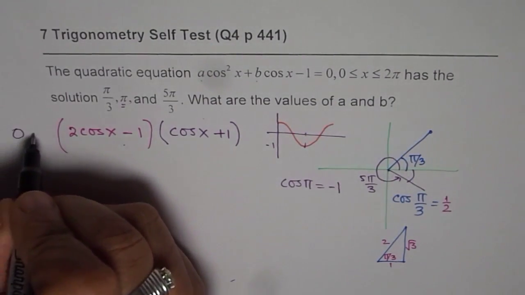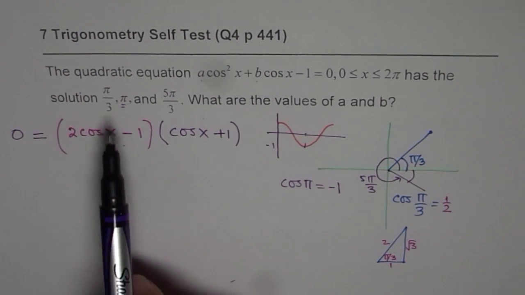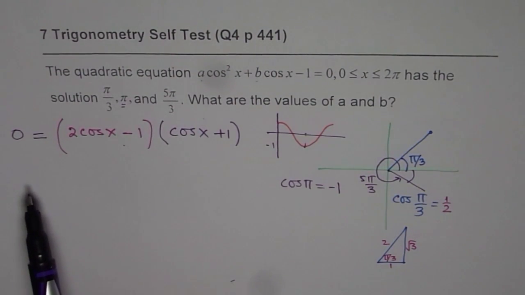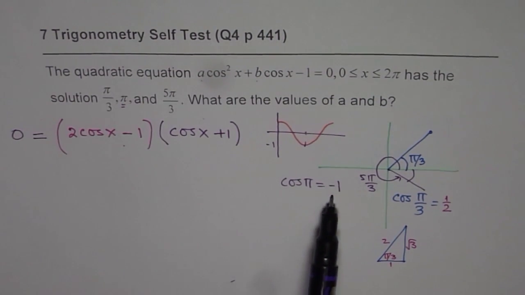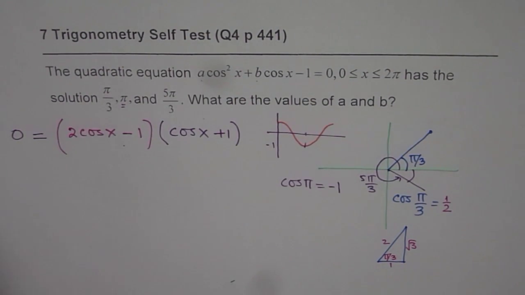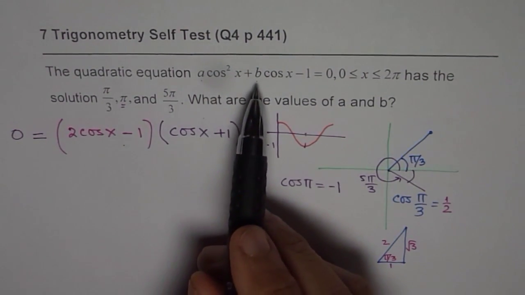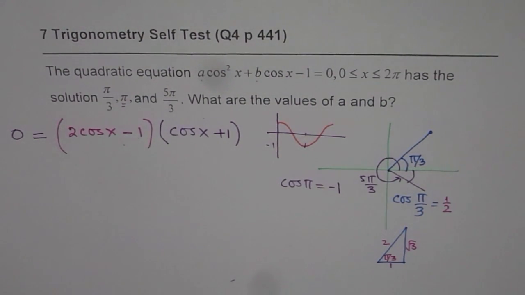Let me write 0 this time on the left side. Same thing. So from these given solutions, we can find the cosine values, which help us get the factors. That means if these are the solutions, then my factors for the quadratic equation are 2 cos x minus 1 times cos x plus 1.